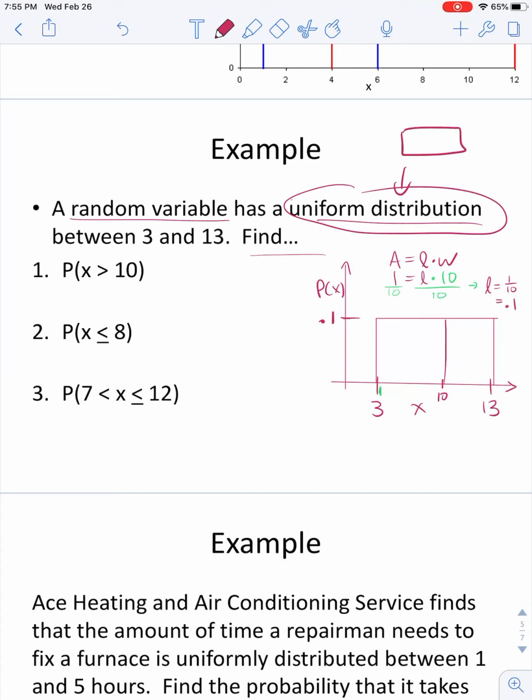And what they're asking is, what's this chunk of the rectangle? What's that size? Well, the probability equals the area. That's the whole thing with this unit: it's the area from 10 to whatever the cap is, which in this case is 13. The area is the probability. So we want to find the area from 10 to 13.